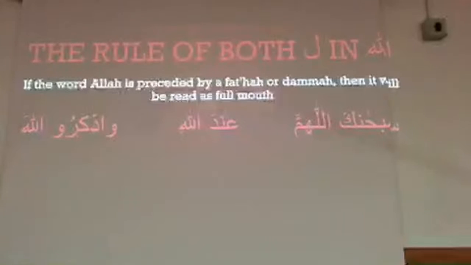Because very common mistake. In this rule, we are only talking about which letters? We are only talking about the lams. We're not talking about the ha. Because a very common mistake, people end up reading it like this. Wadhkuru. They read the ha full as well, which is wrong. This ha will always be smiley.